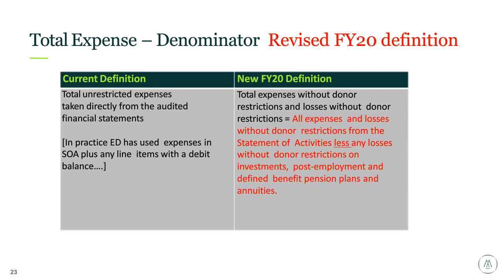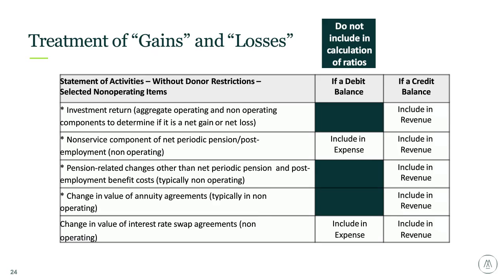So if there's a negative change in any of those liabilities, you do not include that as part of your total expense. And the next slide will summarize those changes. So if you have any net investment gains or net investment losses, you do not include that as part of your expenses. Same thing for the pension liabilities or your annuities. If there's a loss, you do not include that as part of the calculation.